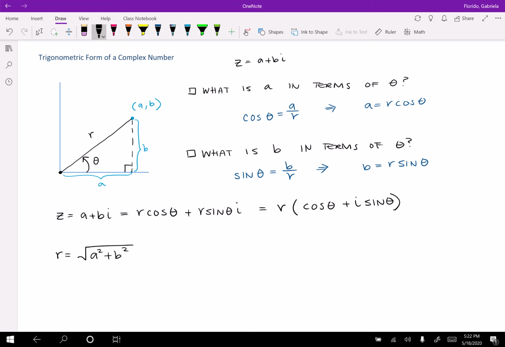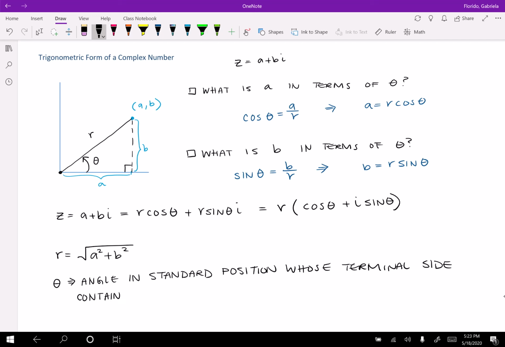And theta is equal to the angle in standard position whose terminal side contains the point (a, b). Again, in the point (a, b), a is the real part and b is the imaginary part.